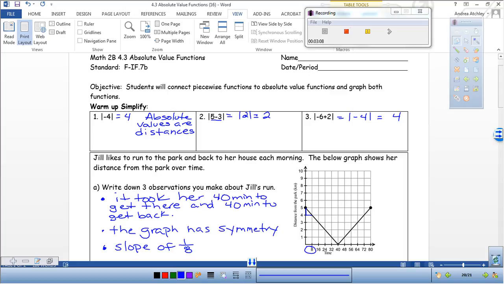From her house, or wherever she started. She lives 5, not miles. What are we doing with? Kilometers. 5 kilometers. It's a little over 3.